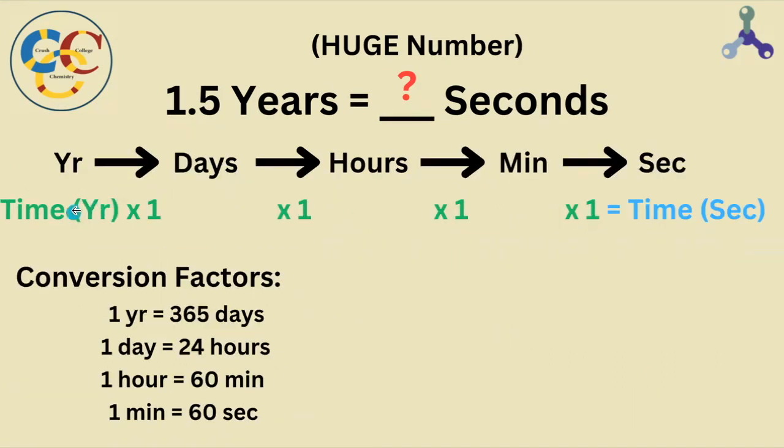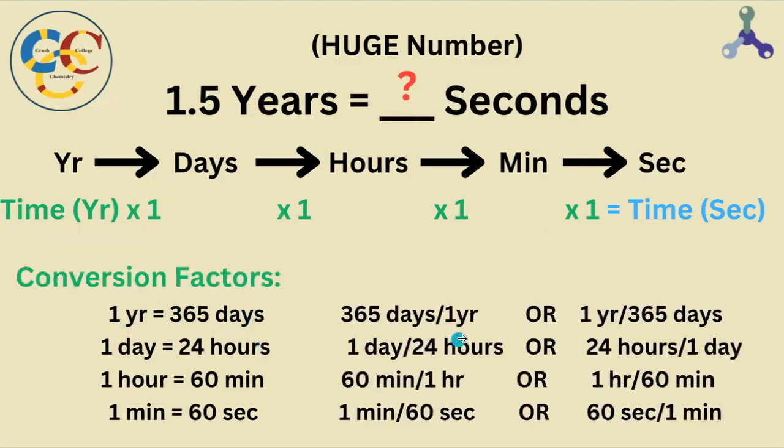In order to start with the same quantity as we end with, because that's what conversion does, we have to multiply it by a form of one every single time. So if our conversion factors are 1 year is equal to 365 days, and so on, we want to convert these statements into ratios, where we convert from one unit into the next.